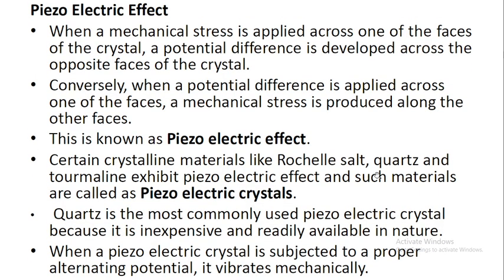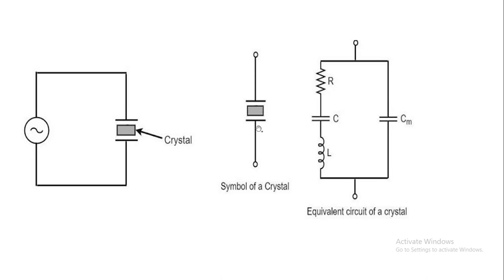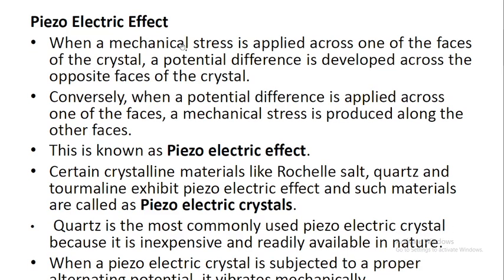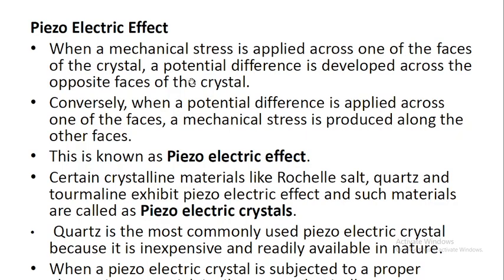Now we can discuss what is meant by piezoelectric effect. Whenever we apply a mechanical stress or mechanical vibration to any one of the faces of the crystal, it will generate a small voltage, a potential difference. That is what I mentioned in the first slide.